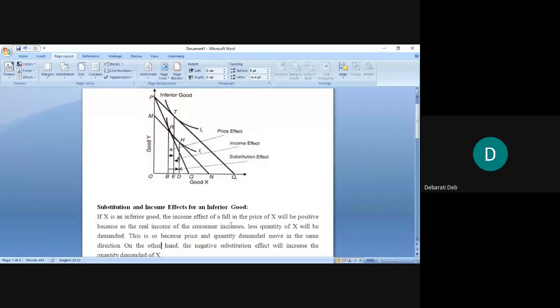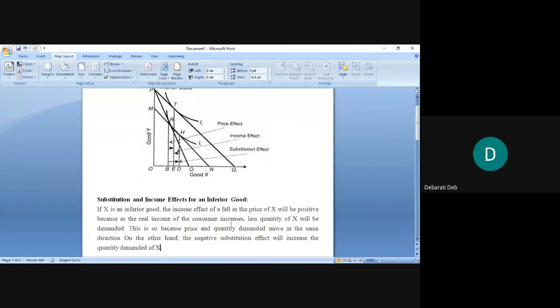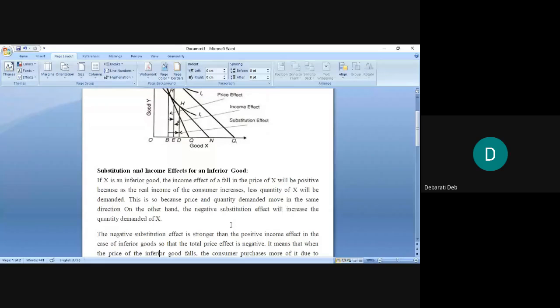Thus this income effect due to the fall in price of x will be positive, because when price is falling, quantity demanded is also falling. That's why it is said that the income effect in the case of an inferior good will always be positive. This is so because price and quantity demanded move in the same direction. This is what I said just now.